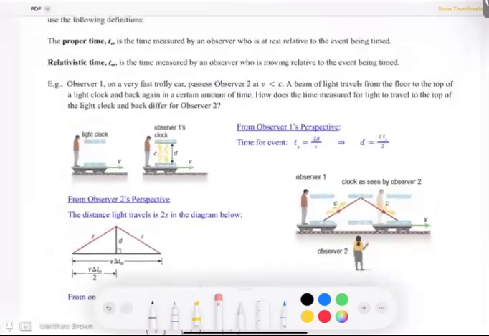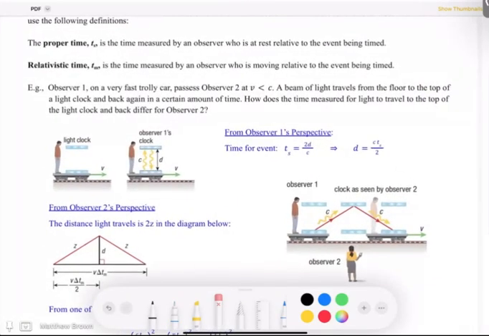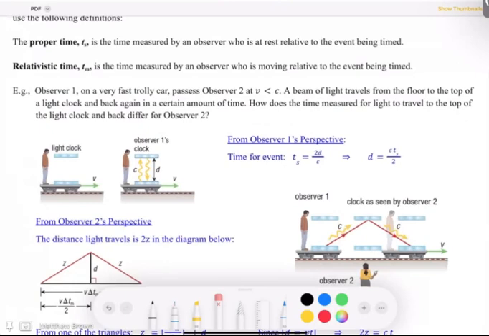I set this up as an example because it basically derives the equation that we really want. We've got observer 1 on a very fast trolley car, believe me, taking a little liberty here. They're moving at some speed less than c, but close to it. They have a light clock.